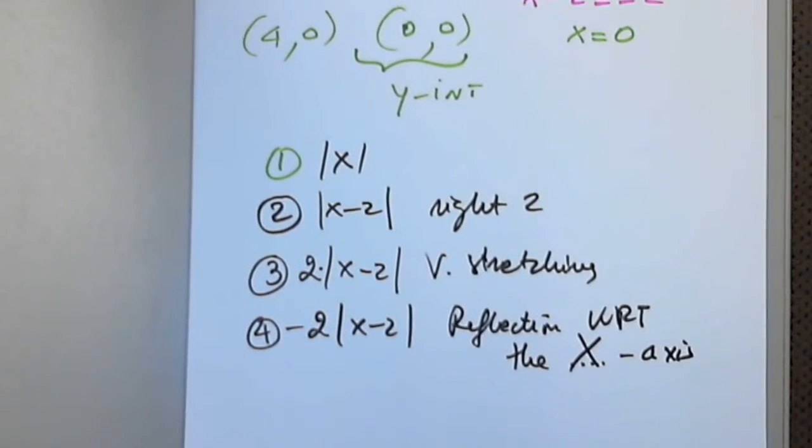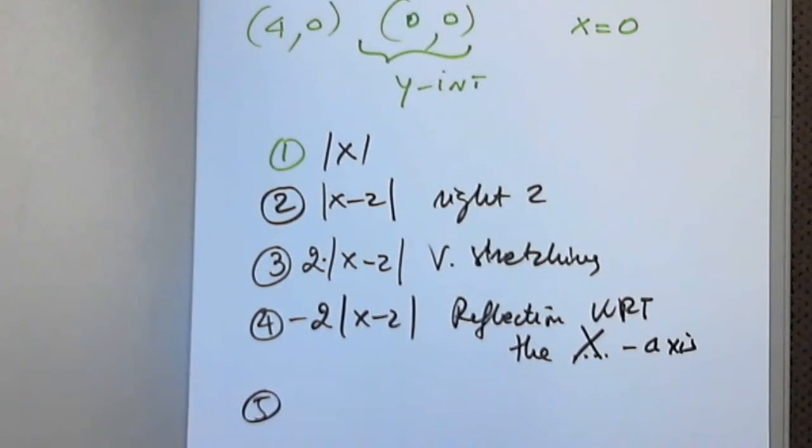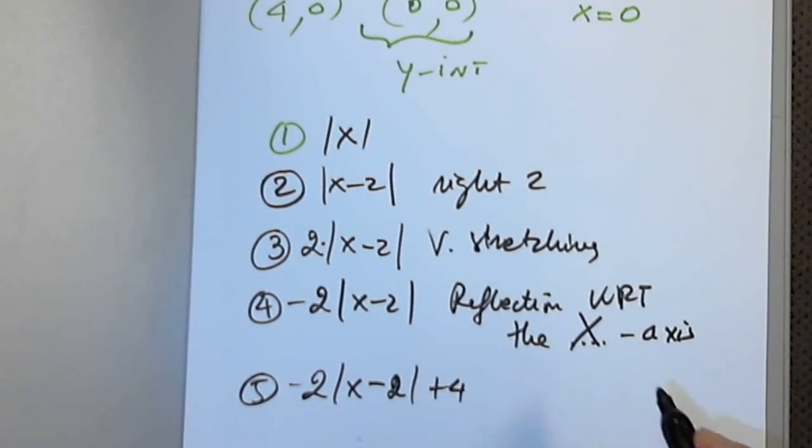Very good, the x-axis. And the last transformation, which is a transformation on number 4, what does it do? So plus 4. Yes. Exactly. Up 4. Very good.